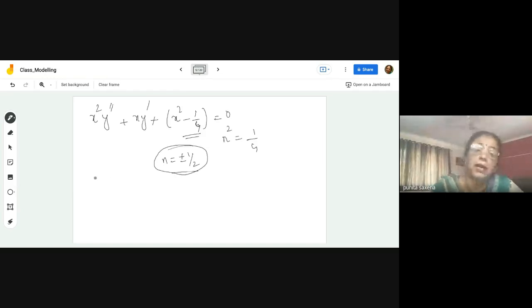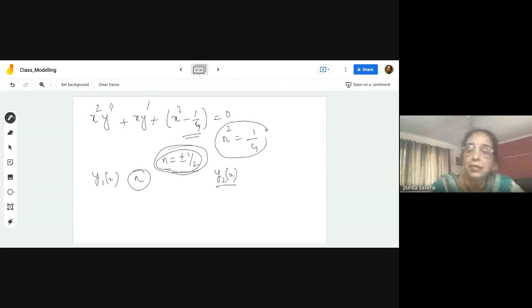So depending upon this, now you substitute the values there. What we have already derived, we have now y1(x) and we have y2(x) in terms of what? n only. Okay. So, or r, whatever you want to say. So n equal to plus minus half means that basically your r is plus minus half.